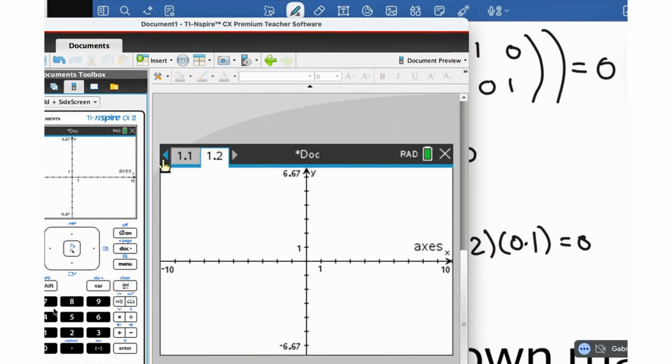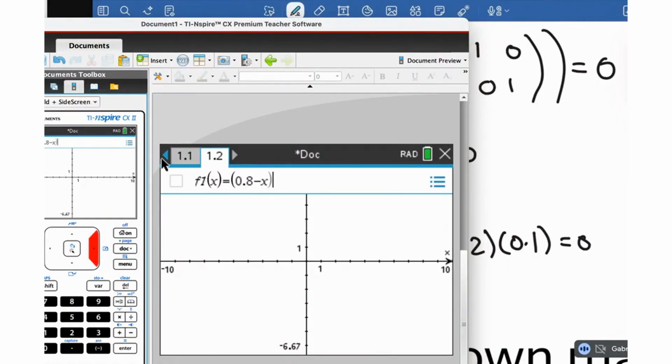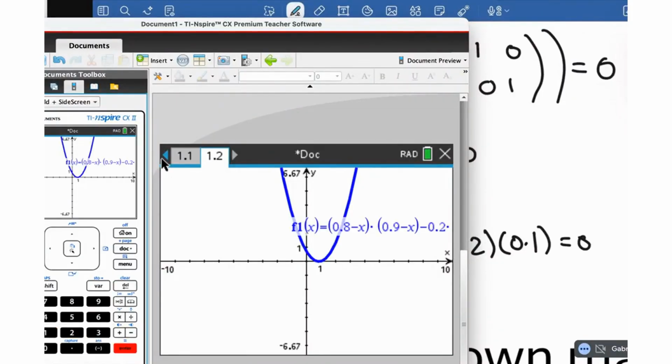So instead of writing lambda, I'm going to write x. Okay, and now I want to find the zeros. I want to find the intersections. Those are going to be my eigenvalues.